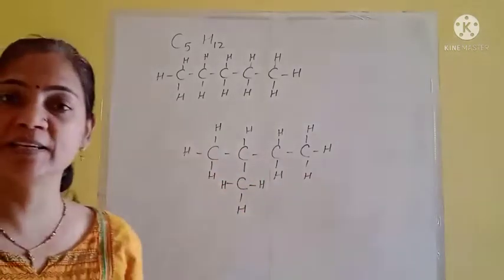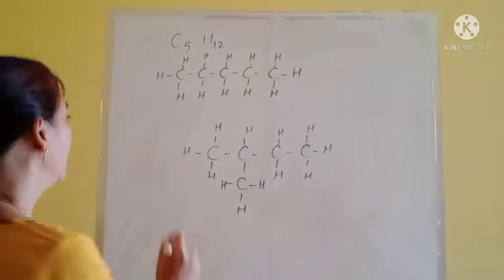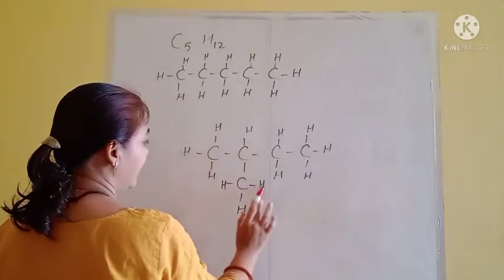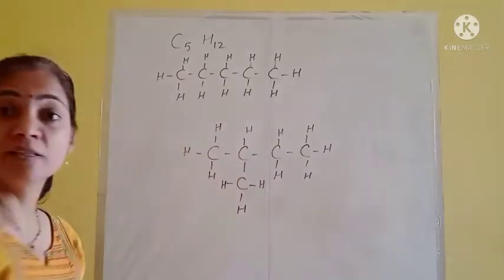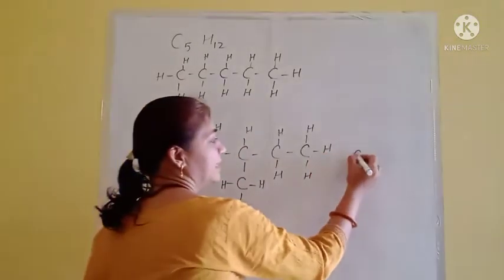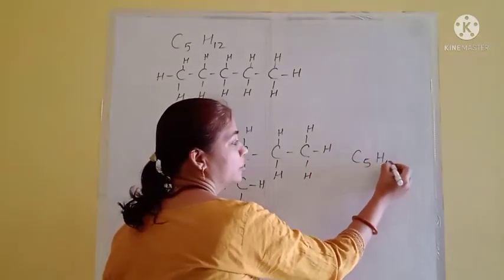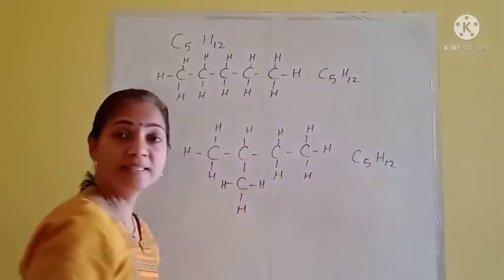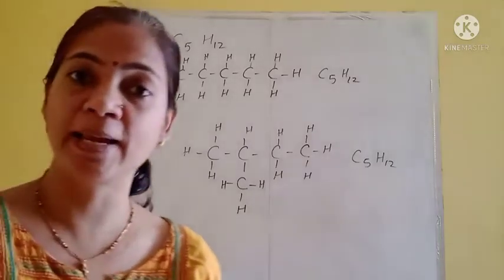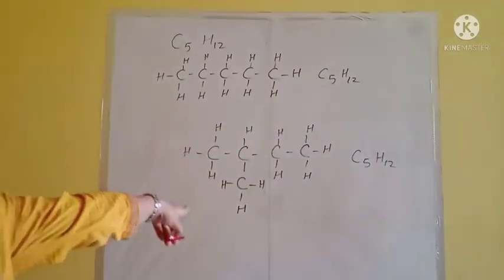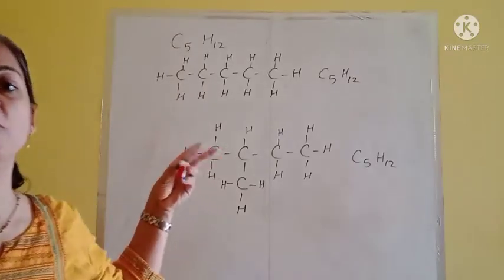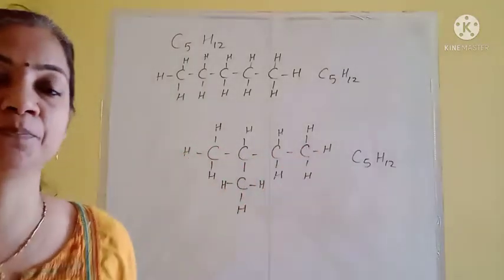Right, this is also C5. Let us count hydrogen. 1, 2, 3, 4, 5, 6, 7, 8, 9, 10, 11, 12. Again, this is also C5H12. So you can see that the molecular formula is same, but their structures are different. So these are said to be the isomers of C5H12.